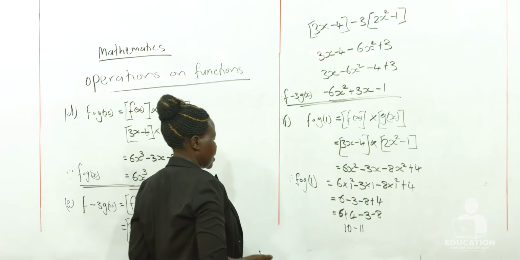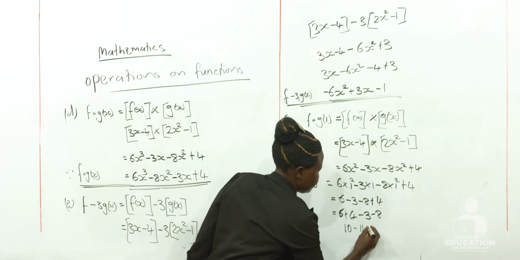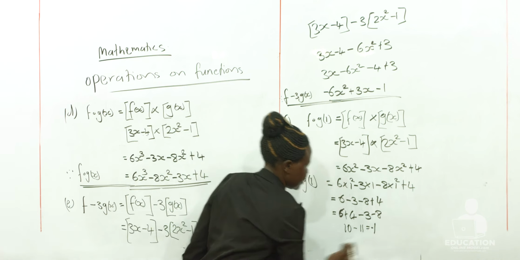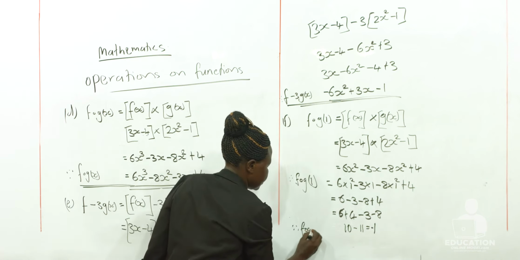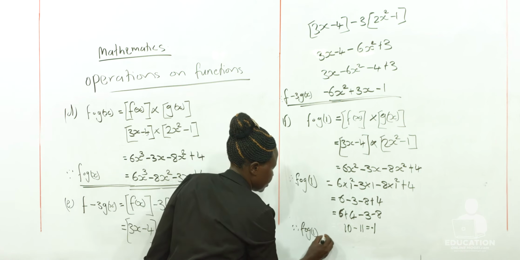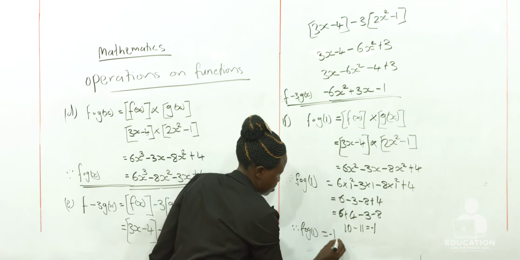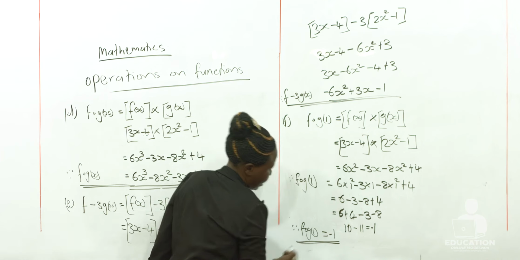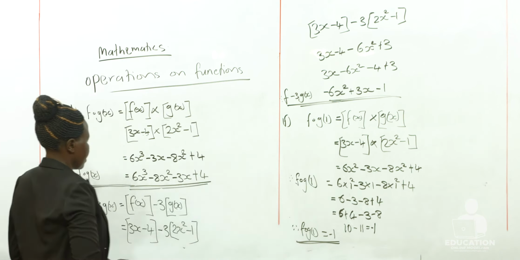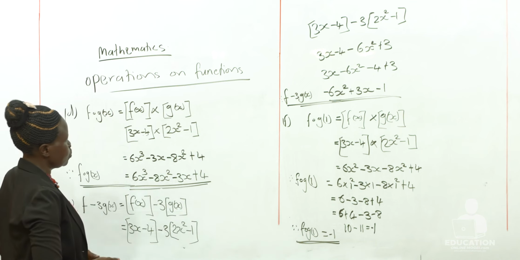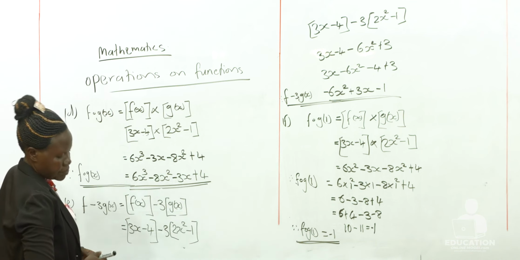So 10 minus 11 will give us less by 1. We get negative 1. Then you come and say, therefore, f times g when x is 1 is equal to negative 1. Dear learners, this is how you play with your operations. Sometimes if they say division, you also do the same.